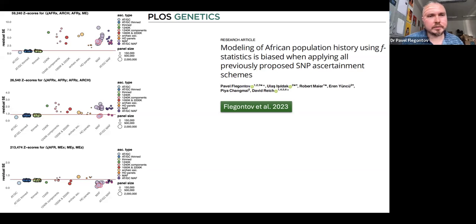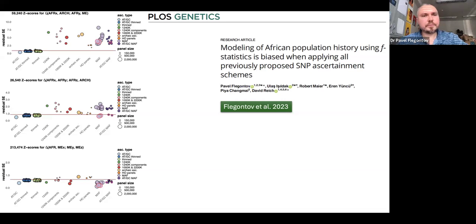But then approximately another half of the sites in 1240K come from a particular Illumina panel. And an Illumina panel is a very complex construct with some medically relevant sites, with some historically relevant sites, but mostly based on variation in Eurasia. So not in Africa.